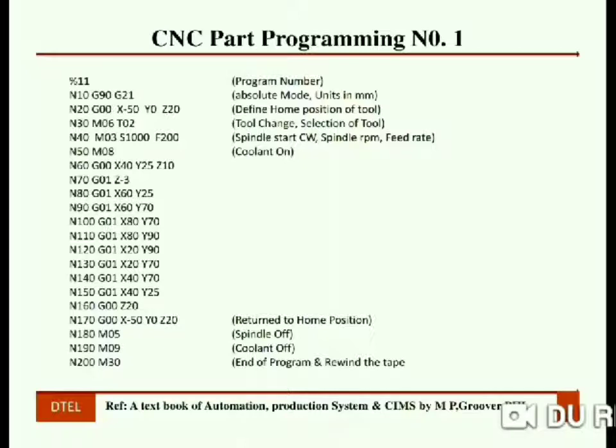So N80 G01 X60, before that N70 G01 Z-3, means we need to take the initial cut. 3 mm is the depth of cut of that profile. Then initially we need to take the initial plunge, that is Z minus 3.